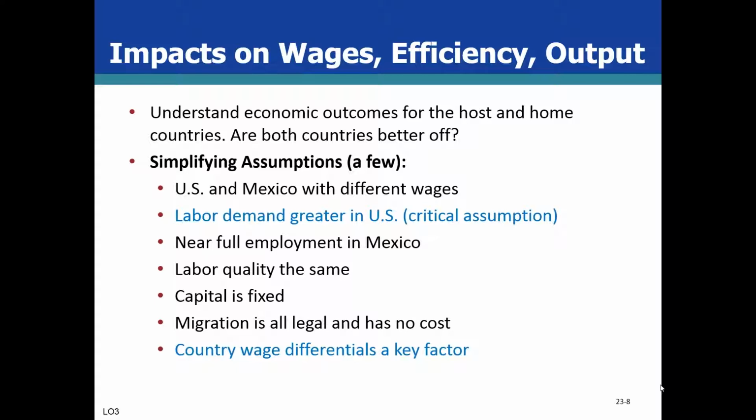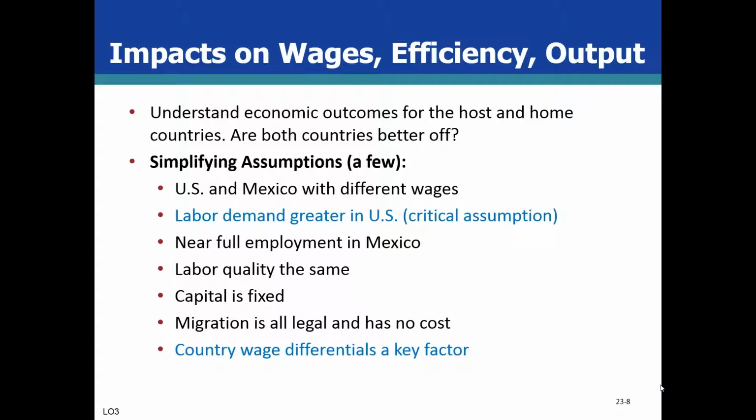We're also going to assume that capital is fixed in both economies, meaning that the capital in Mexico and the capital in the United States is fixed, and all we're going to do is move labor from one country to another. We're going to assume that all the migration is legal, and it has no cost. There's no moving cost, etc.